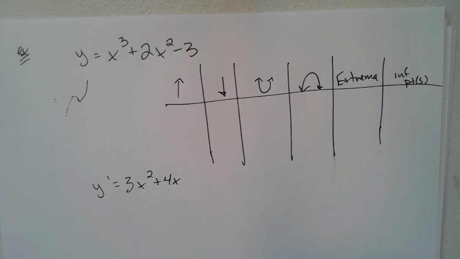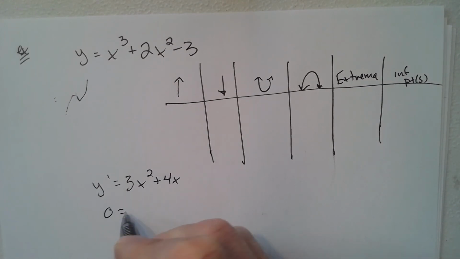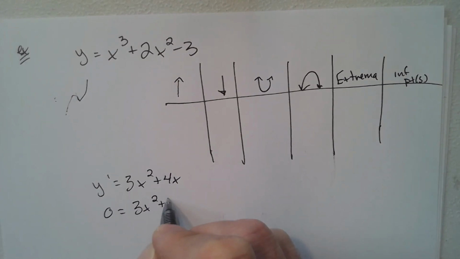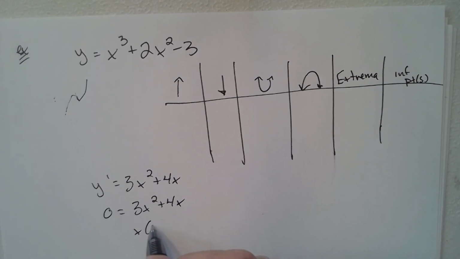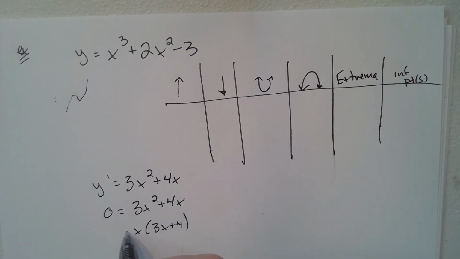We can find extrema by setting those equal to 0. So at x equals 0 and x equals -4/3. That's where the first derivative is 0, so we have a horizontal tangent at 0 and at -4/3.